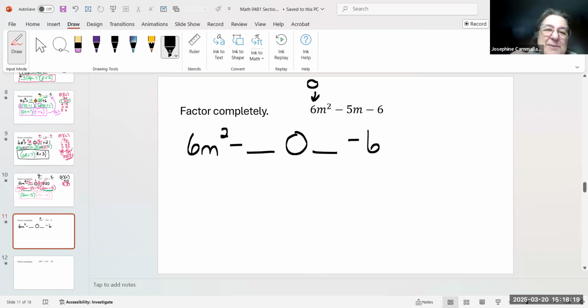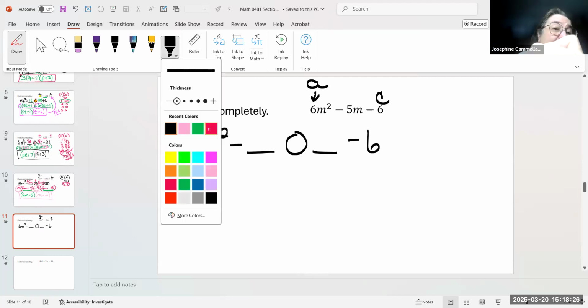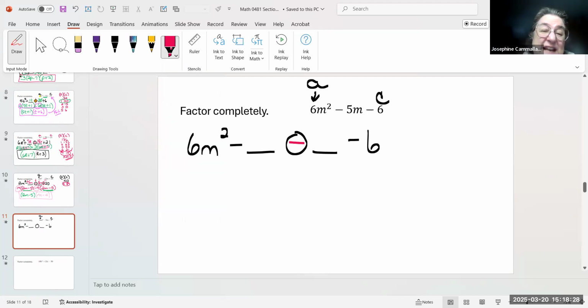This 6 is my A. This is my C. And hopefully you now know this has got to be a positive sign. Now, I want a negative 5 made out of those two blanks. Well, A times C is 36.